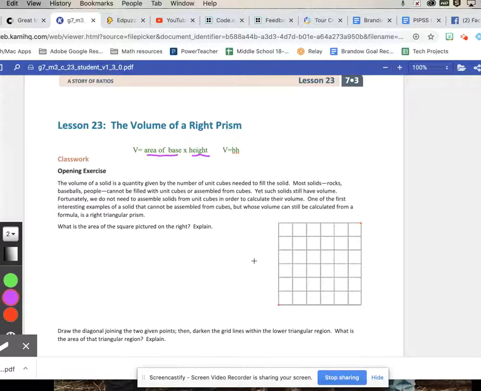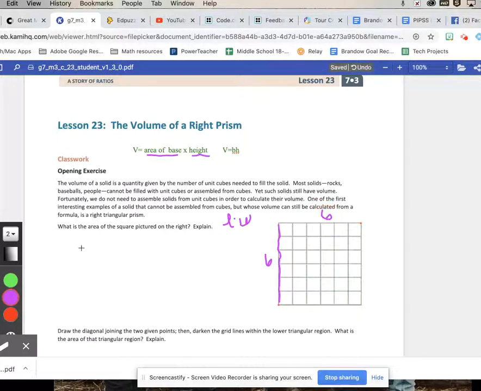What is the area of the square pictured to the right? Explain. Well, we know that the area of a square would be length times width. So if I can figure this out, I have 1, 2, 3, 4, 5, 6. It's a 6 by 6.